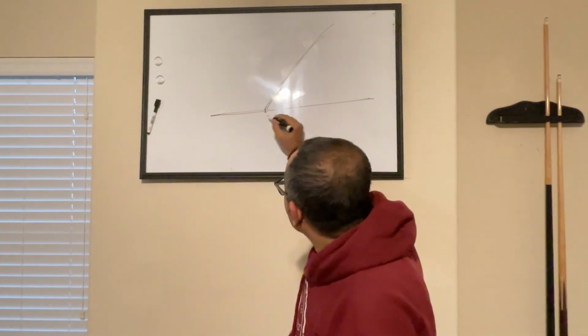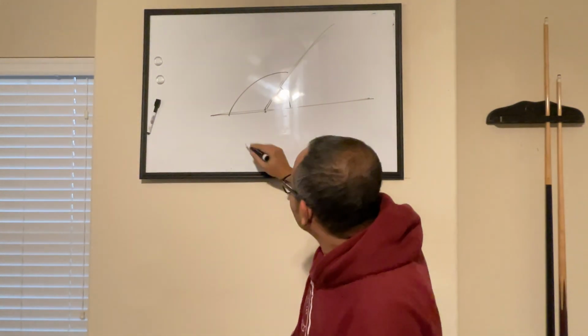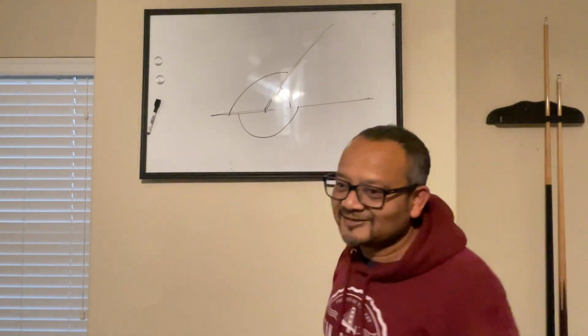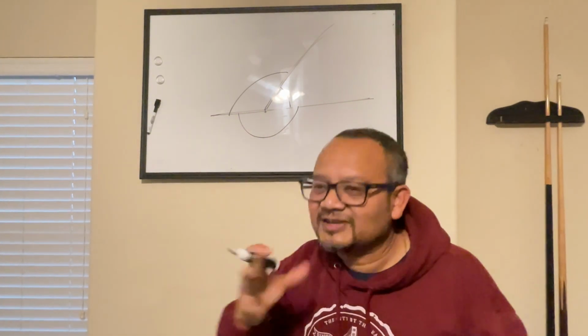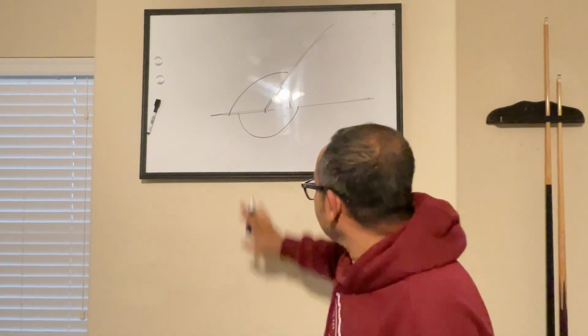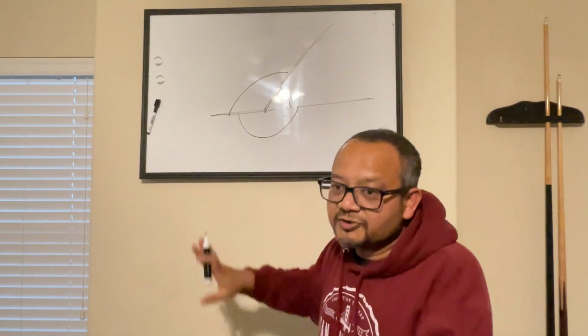How many angles am I making? 2. I don't agree with both of you. We are making 3 angles actually. If you look at this point, this is one angle, this is another angle. Again, it's just a way of looking at it. What you said was not wrong. You were also very close, but I'm just giving you another perspective.